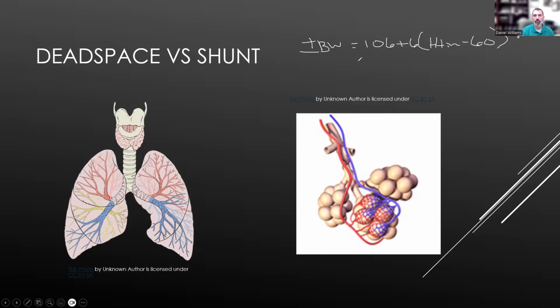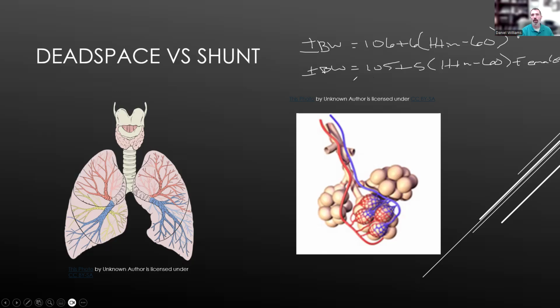And then we have IBW equals 105 plus 5 times height in inches minus 60, and that is for female.